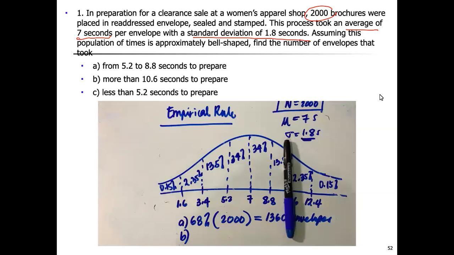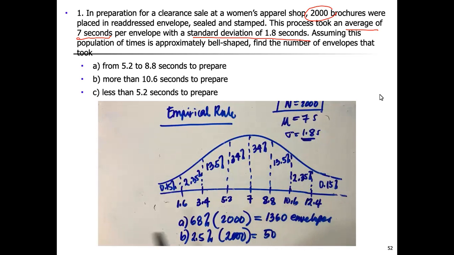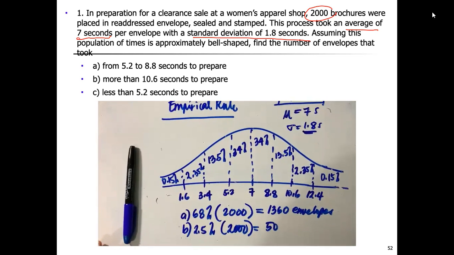That will be a total of 2.5%. Multiply it with our population because we're asked for the actual number of envelopes. So that is 0.025 times 2,000. You change this into decimal. That will give you 50 envelopes processed in more than 10.6 seconds. Let's have the last item.